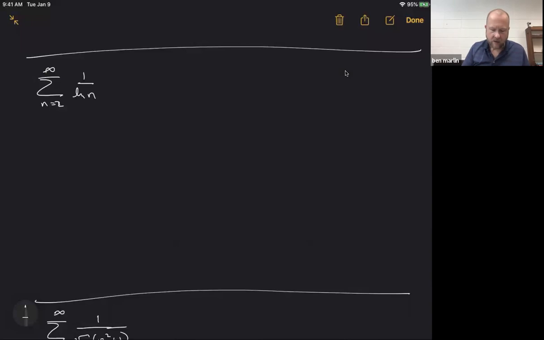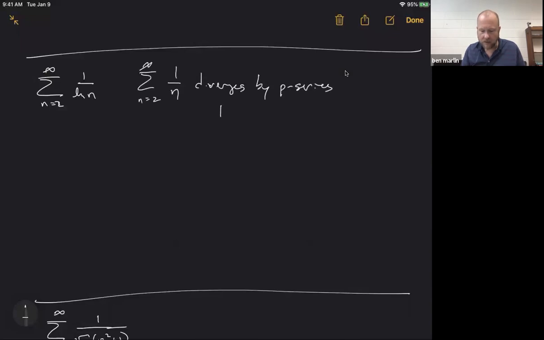So taking a look there, that 1 over log n, if you were to replace the 1 over log n with just a plain 1 over n, which we know diverges by p-series with the p being equal to 1. And our criteria says that when it's 1 or smaller, that it diverges.